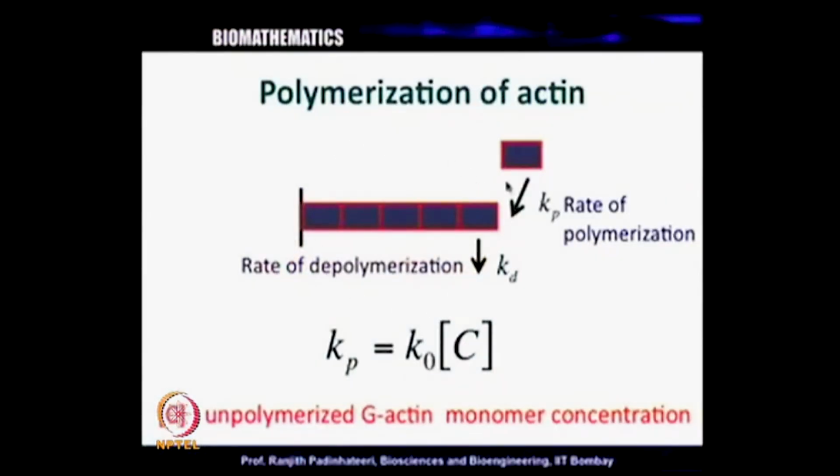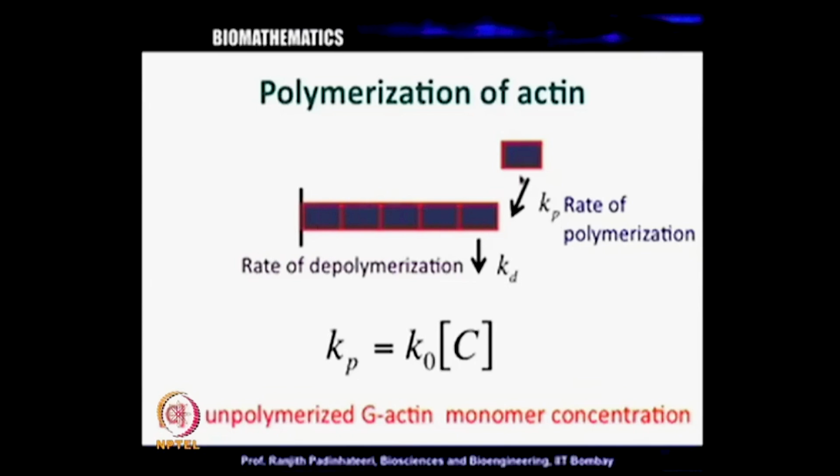So, let us quickly look at this diagram here. In this cartoon, as I discussed, this single box represents G actin, which is the monomer of actin, and this is a filament.